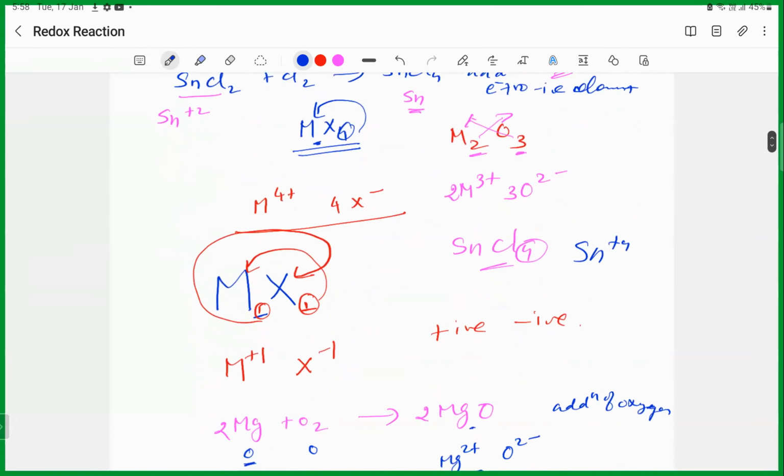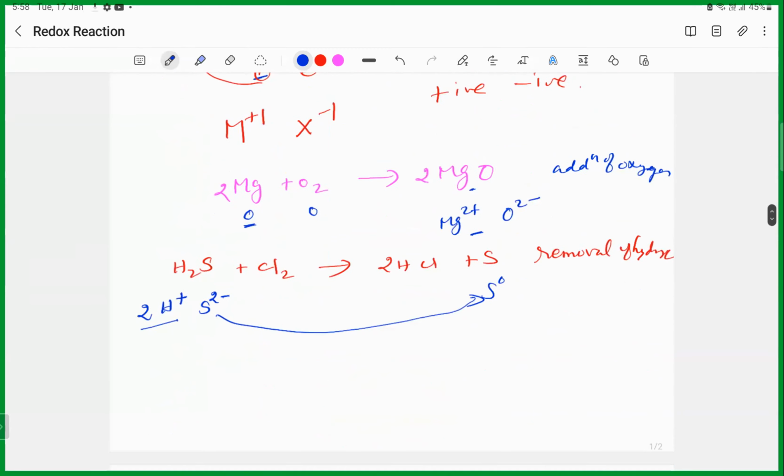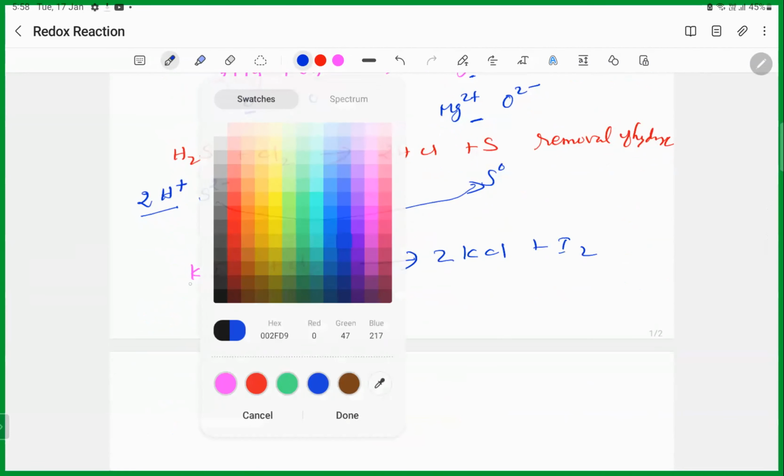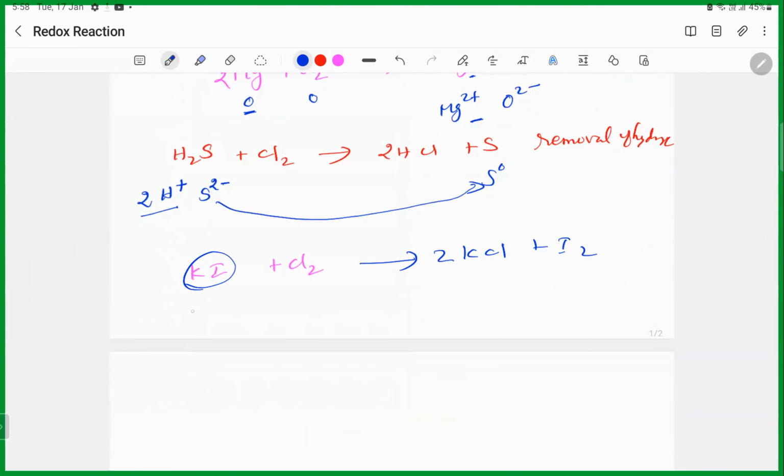And then removal of electropositive element. For example, you can take potassium iodide and then chlorine. When you treat it, it gives 2KCl plus I2. Take the example of KI: K becomes K+ and I-.